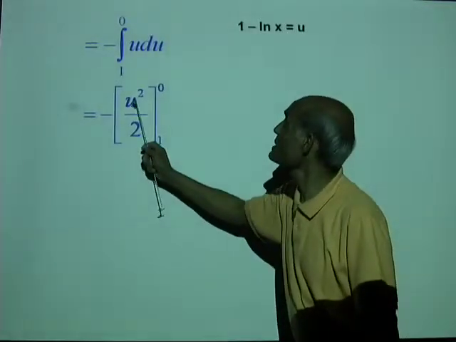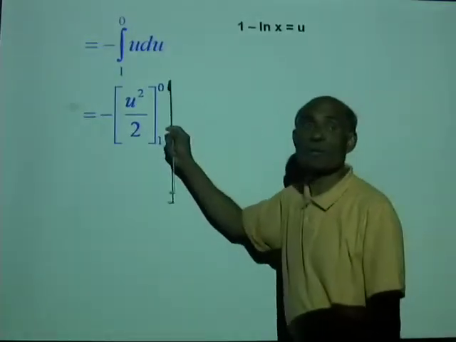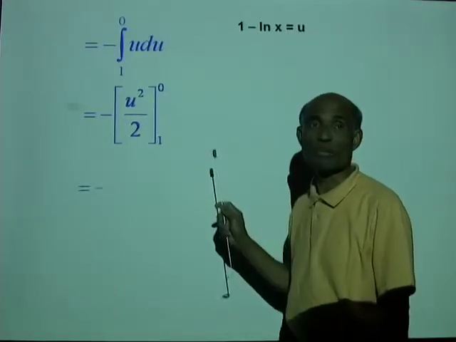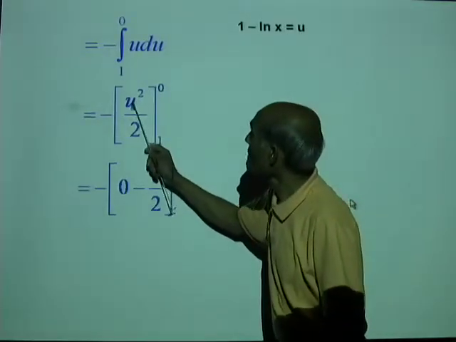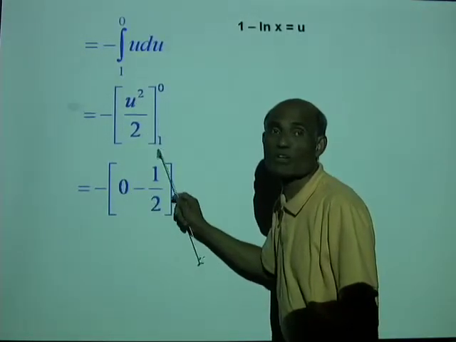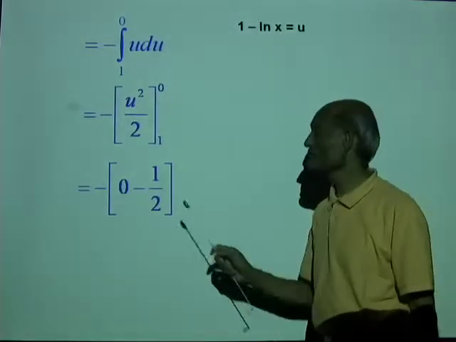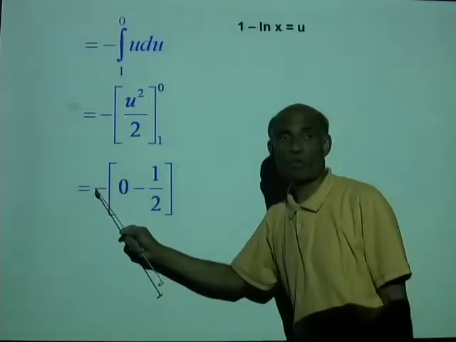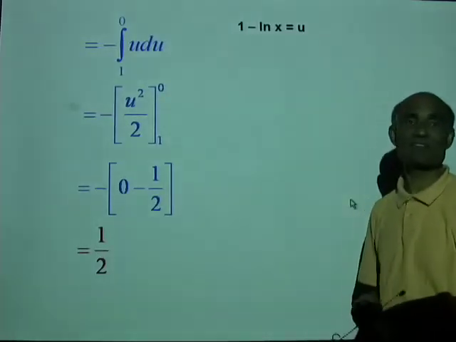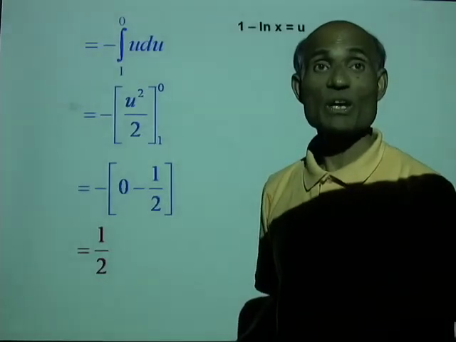So that would be negative u squared over 2 from 1 to 0. The upper limit is 0, so put the upper limit minus the lower limit. Upper limit u equal to 0 gives me 0, minus the lower limit u equal to 1, which makes 1 squared over 2, which is 1/2. That would be negative (0 minus 1/2), equal to 1/2, which is the value of that integral. Well, this has been a good one too.